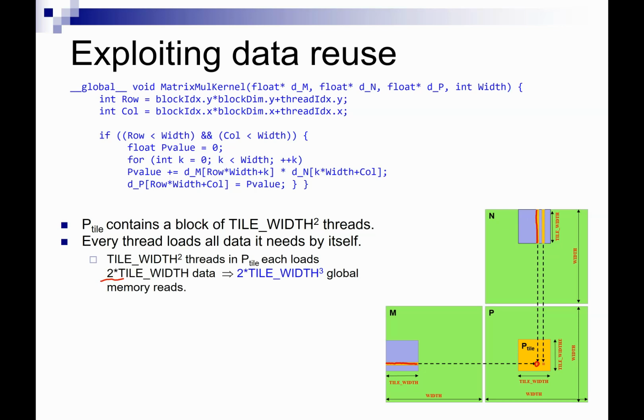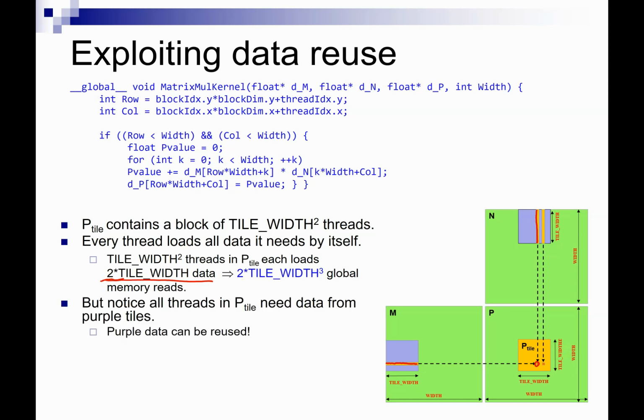In total, you have tile width squared threads, so we're doing 2 times tile width cubed global memory accesses. That's going to hurt our performance a lot.